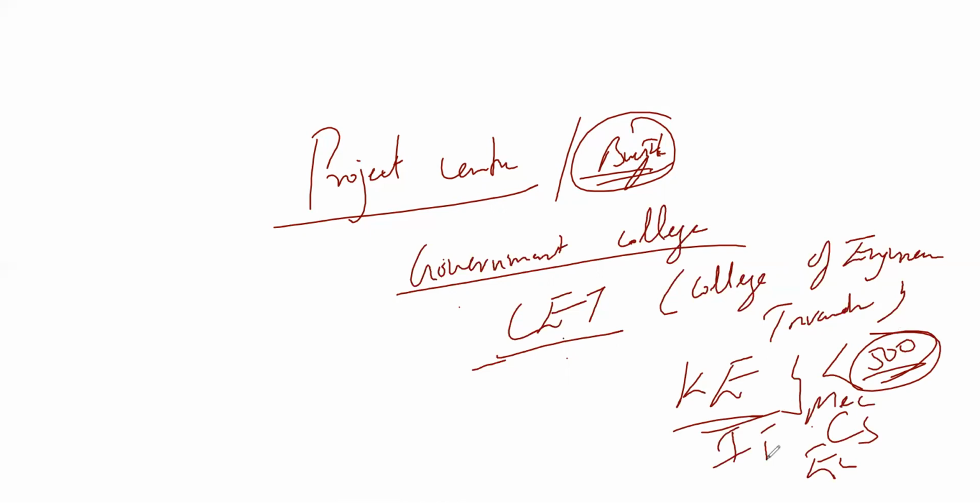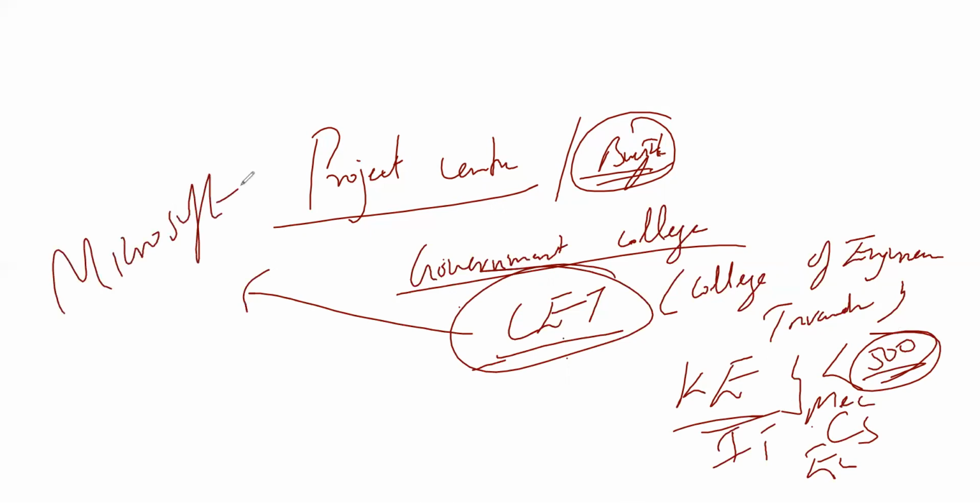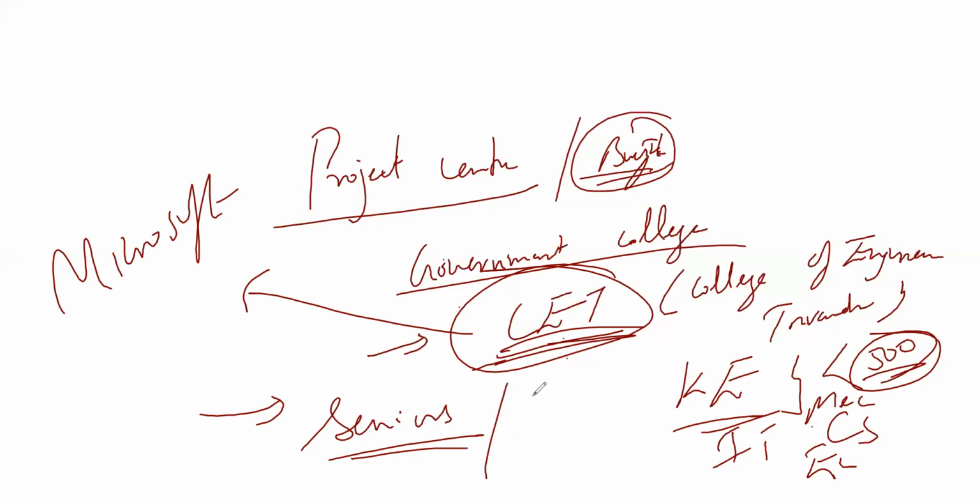All the top guys will go to this college only. Because only in this college what comes? Microsoft, Amazon, Flipkart, all the major companies will come. The benefit of this college is you will have your seniors. Correct? They will have a lot of labs and they'll conduct a lot of workshops to assist you in how to make things.